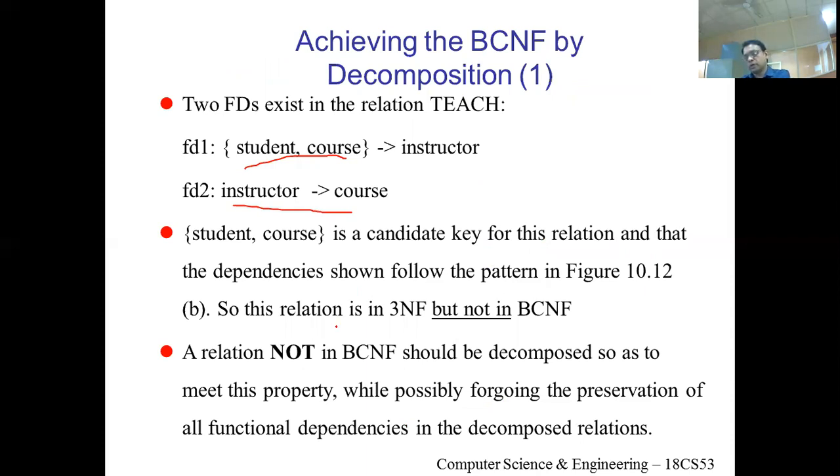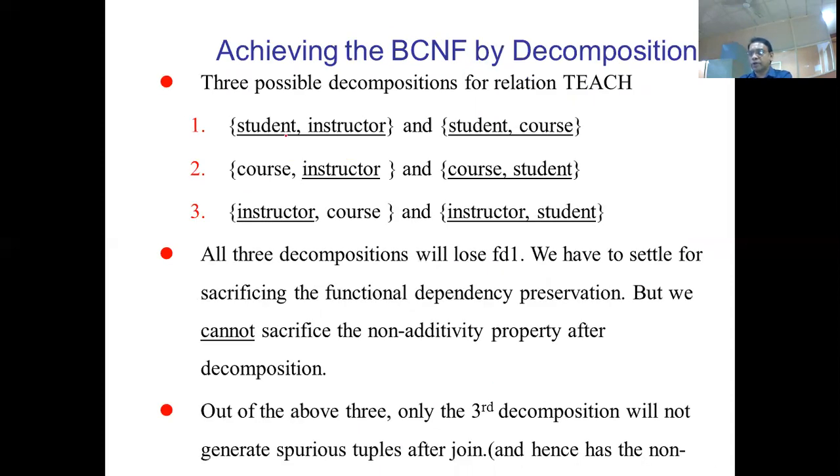The relation is in third normal form, but not in BCNF. After decomposing, it can be decomposed into student-instructor and student-course, course-instructor and course-student, instructor-course and instructor-student. In all these three decompositions, we are going to lose FD1.